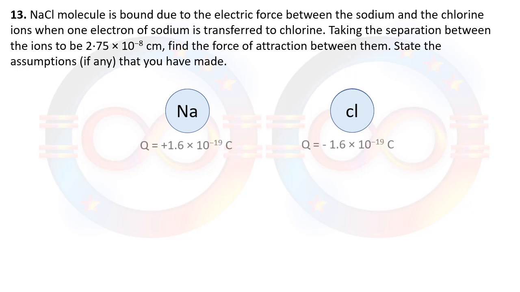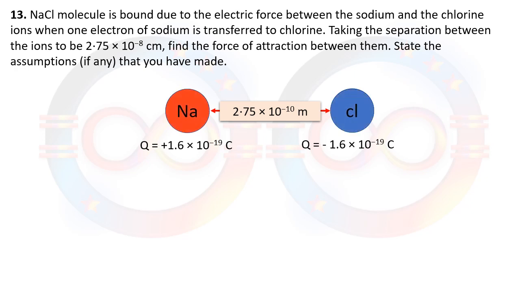The amount of charge on them is Q equal to +1.6 × 10^-19 coulomb on sodium, and -1.6 × 10^-19 coulomb on chlorine. The distance is given as 2.75 × 10^-8 centimeter. If we change it into SI units, it will be 10^-10 meter.